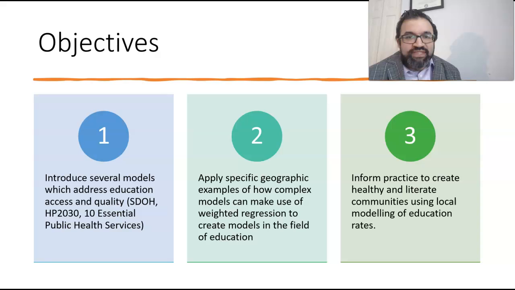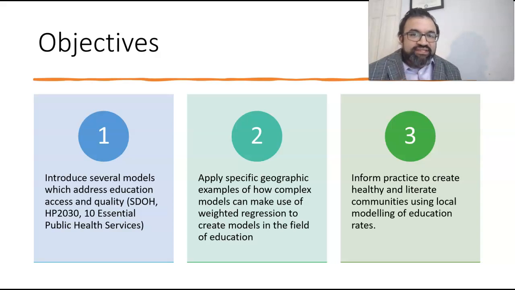Let's go over some of the objectives. Before anything, we'll be looking at the distribution of the prevalence of educational attainment, exploring it in a geospatial mapping pattern within the United States.